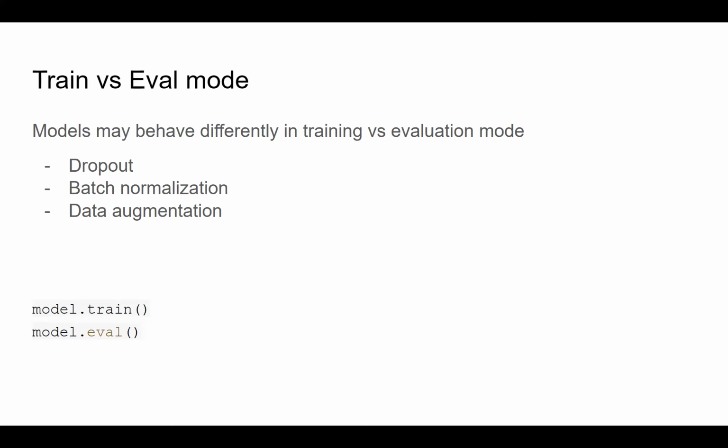It's similar for batch norm. In batch norm, you compute the mean and variance of the entire batch, and then you normalize whatever you're passing through your model. But it's important that the mean and variance you use are from your training, not from your evaluation. When you're doing evaluation, you don't want to use the mean and variance from your evaluation step, because that would be like cheating, right?